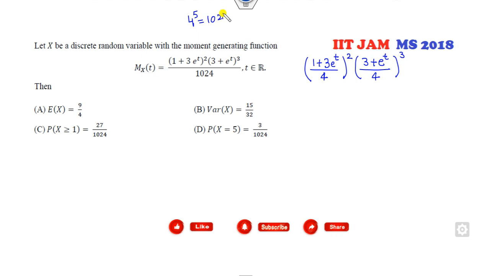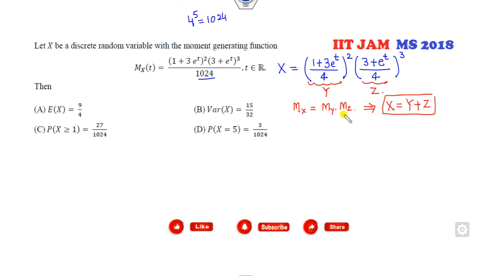So it means 4 raised to power 2, 4 raised to power 3, 4 raised to power 5. It is 1024. Fine. So this is the moment generating function of X. You can see if I consider this as Y and this as Z, what is the meaning of that? The moment generating function of X is the moment generating function of Y times the moment generating function of Z. By the moment generating function property, X will be Y plus Z, and since it's a product, Y and Z are independent.